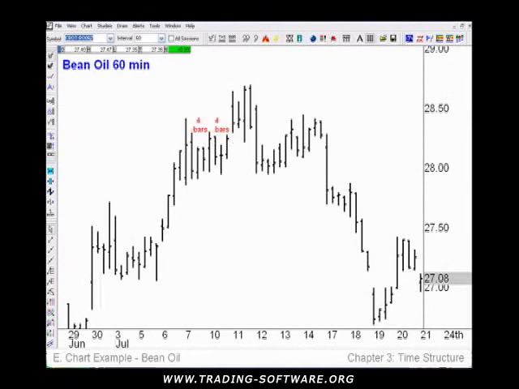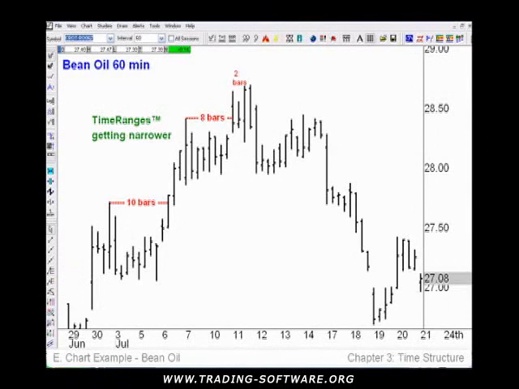They're both 4 bars wide, so that is a tie. Next, let's compare this time range to this one down here. 10 bars versus 8 bars. Time ranges getting narrower. There's even a tiny one over here, 2 bars wide.